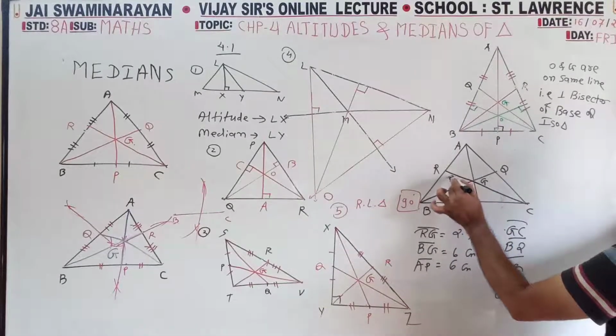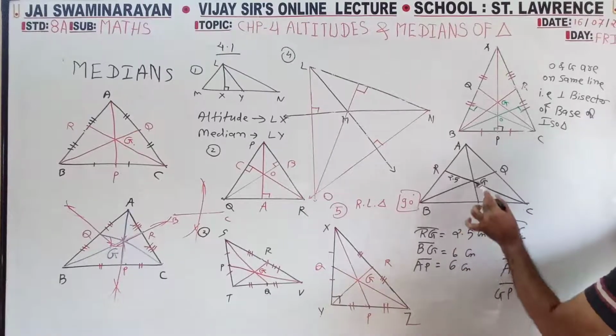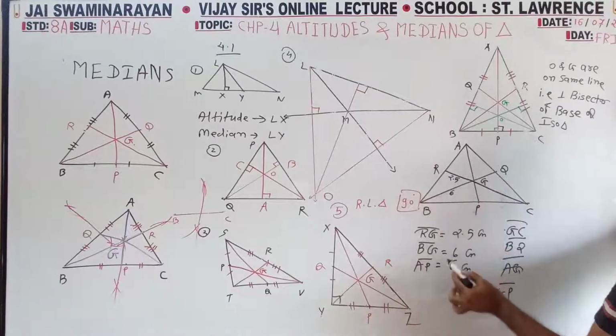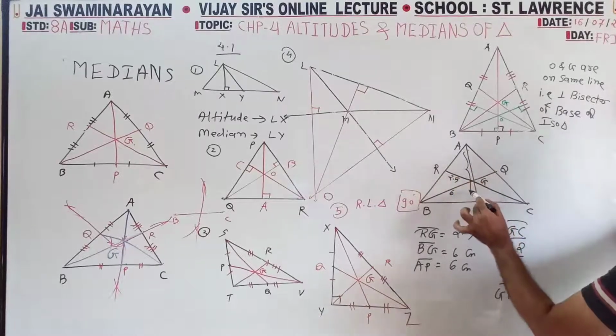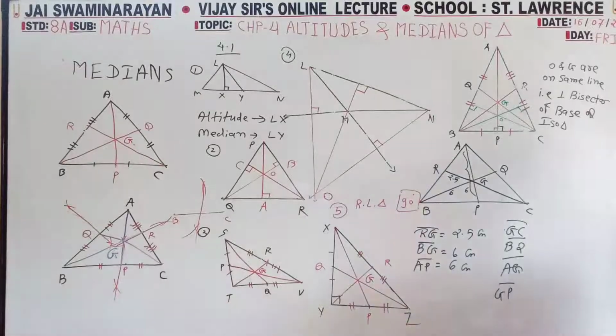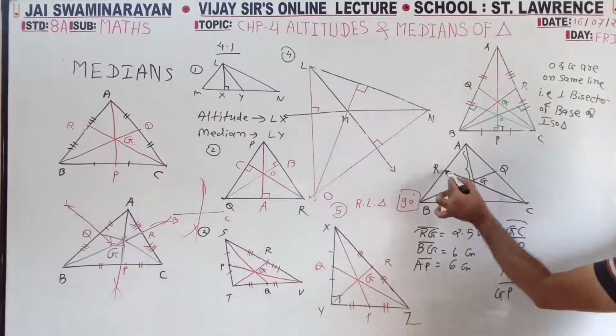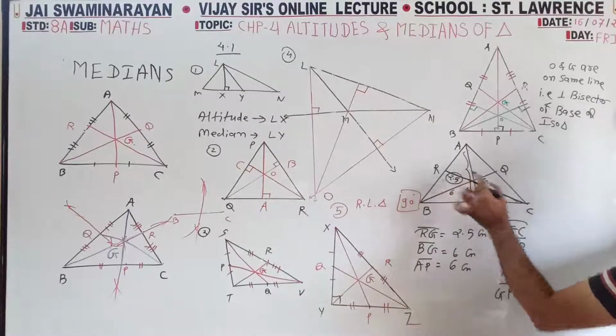RG is 2.5. BG is 6. AP total. Now CG. See, compared to this, this is double, so double of this.